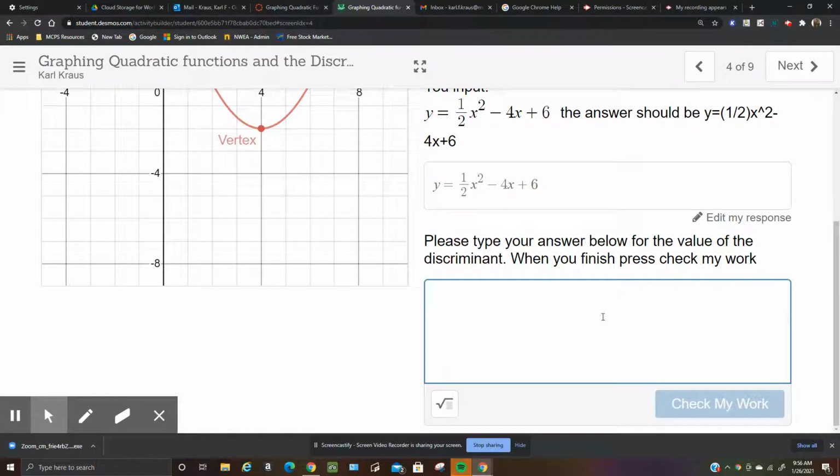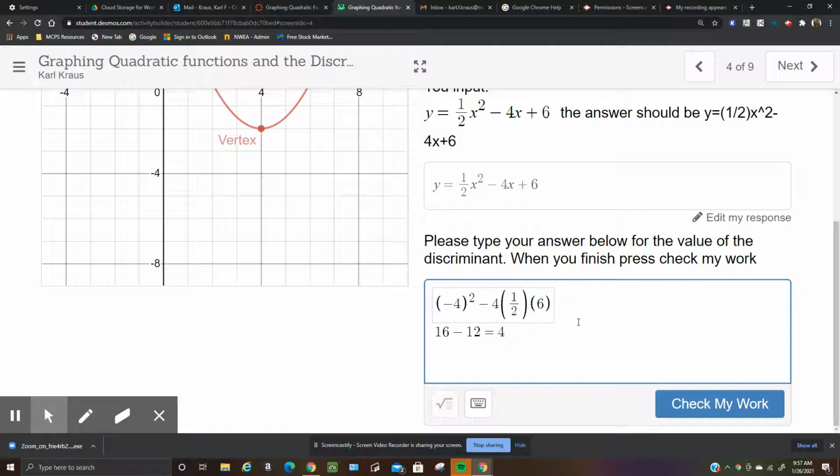So you're going to do -4 squared minus 4 times 1/2 times 6. So 16 minus 12 is 4.